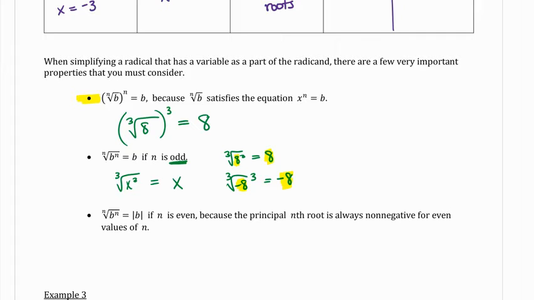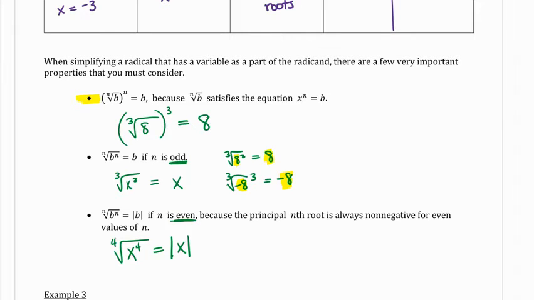Now, if I switch that and I talk about n being even, there's a special little case we have to think about. Now we're going to need some absolute value, and I'll show you why. So for example, if I had the fourth root, our n is even this time, of x to the fourth, that's going to equal the absolute value of x. Here's why.